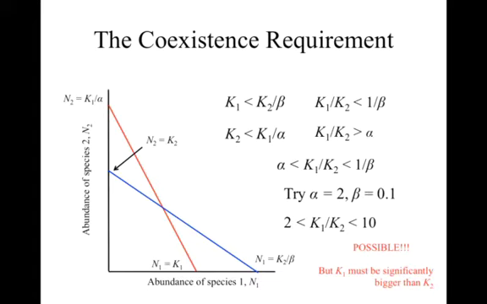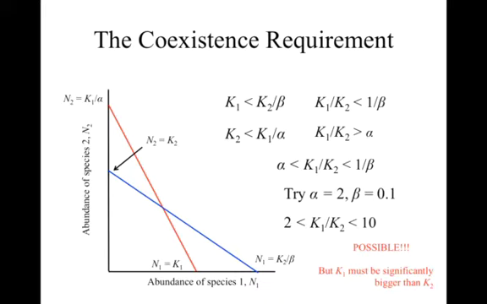There's no way that K1 can be less than K2. That ratio has to be bigger than 2. And so it's only possible when beta is really weak and the ratio of carrying capacities is such that K1 is really big. That's the only way we can have interspecific competition stronger on species 1 than intraspecific competition and still have coexistence.